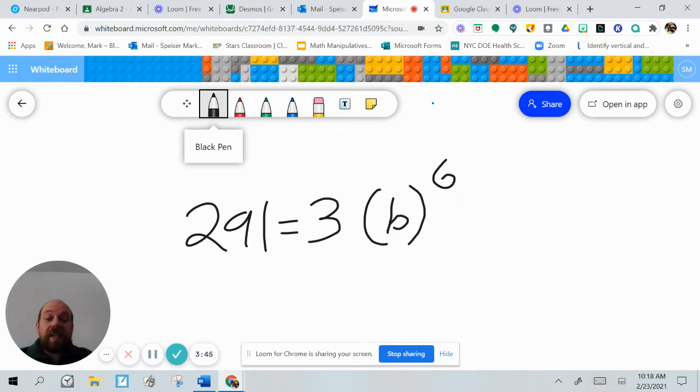Now this answer is going to be a decimal, so I want this to lead into the next lesson. I want to solve for b.